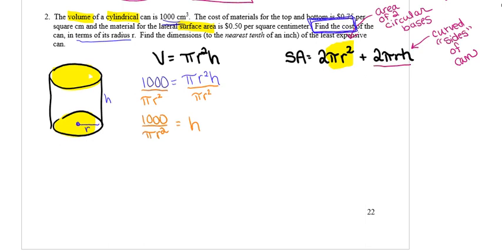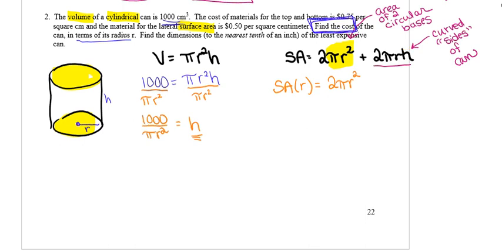So I'm going to go now and express my surface area in terms of h. Sorry, in terms of r. I'm going to replace each h with an r. So in terms of its radius, the surface area is 2 pi r squared. No problems, nothing that has to be replaced in that first term.